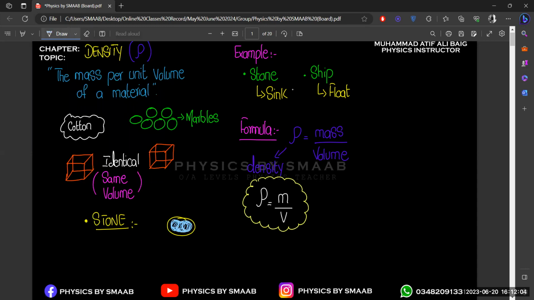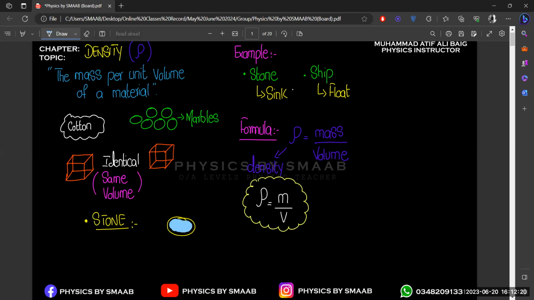According to the definition of density, we know that mass per unit volume is known as density. So let's suppose this is our stone, and this stone contains some mass, and that mass is divided into a specific volume, right?